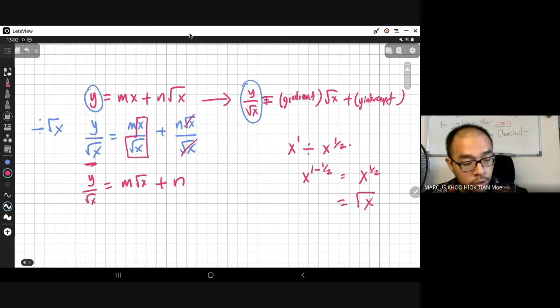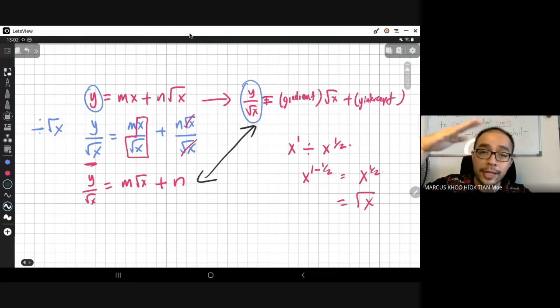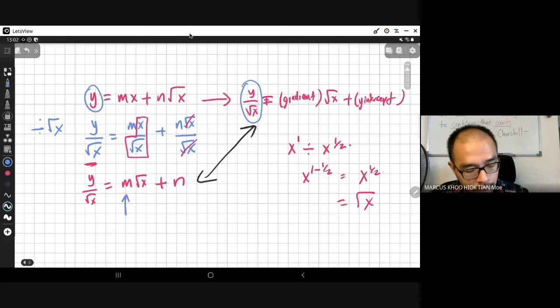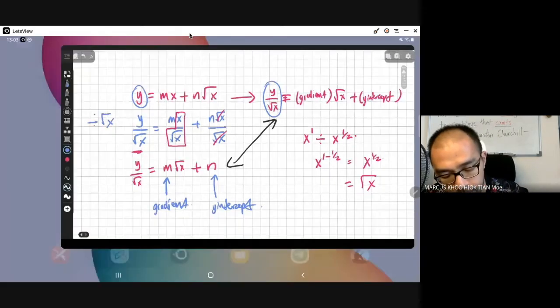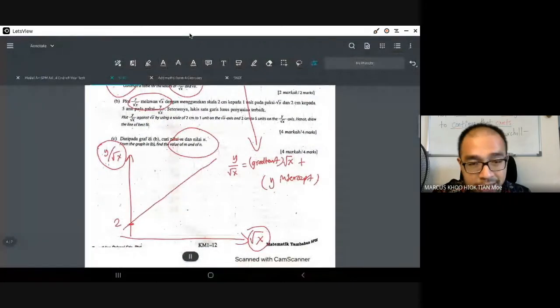Okay, same form already, right, this and this? Look. Same shape already. So if you compare these two, if we overlap the two, you can know that m is my gradient and n is my y-intercept. And so because of that, since just now I showed you the answer already, I said that the y-intercept is about 2.